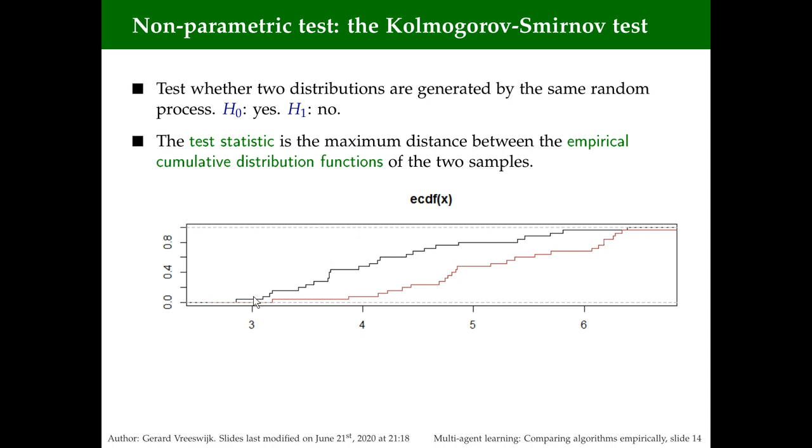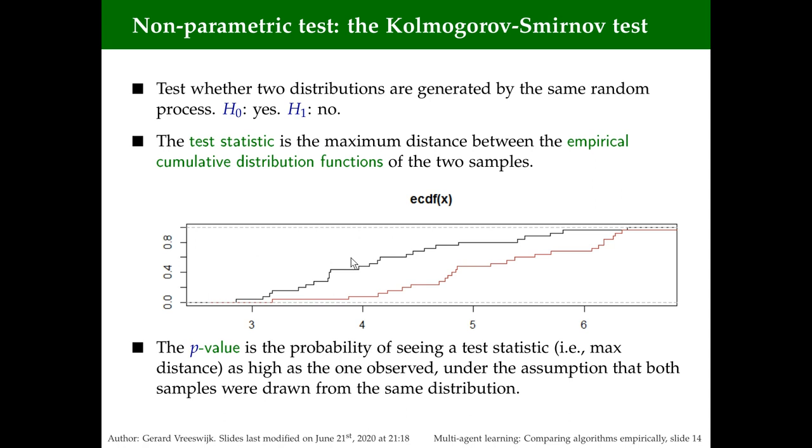So the values of performance are just added. And here as well for the second algorithm. And the Kolmogorov non-parametric test looks at the largest difference between those two distributions. For example, let's suppose it's here, the largest difference.